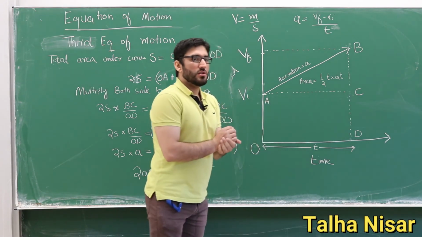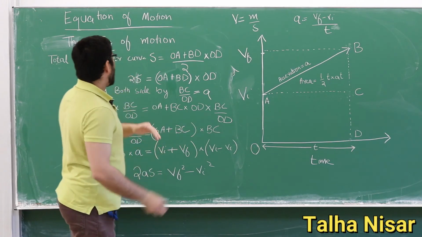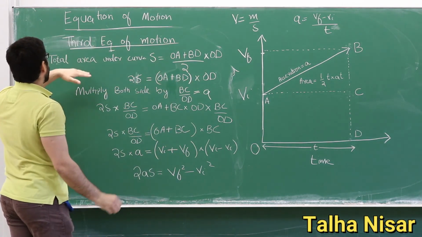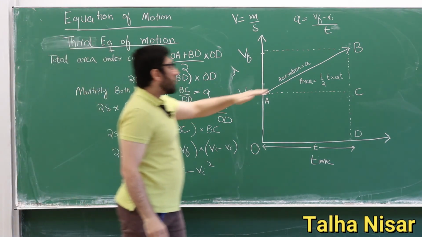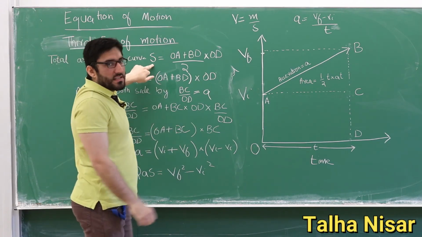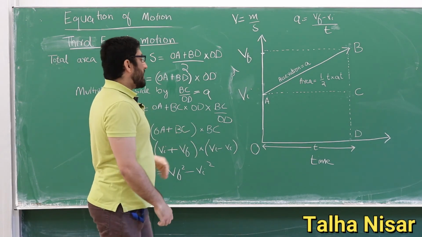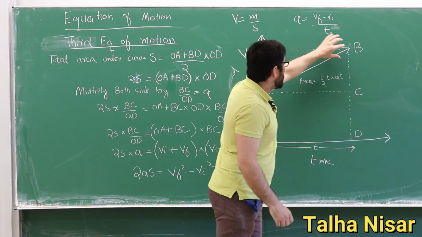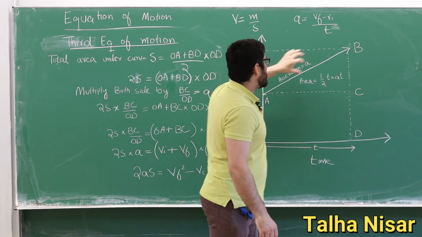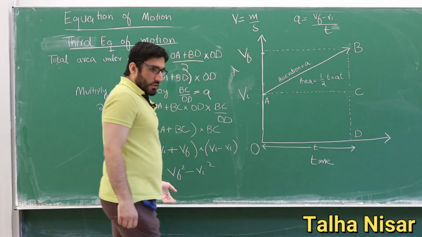For the third equation of motion, we take the total area under this curve again, which is the total distance covered, represented by S. So this is the total distance covered by this object when it moves from its initial velocity to the final velocity in the given time.